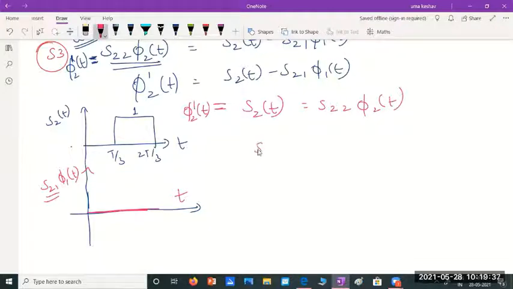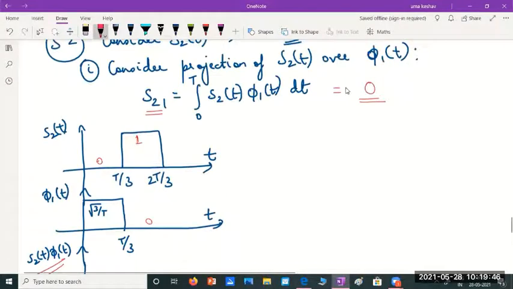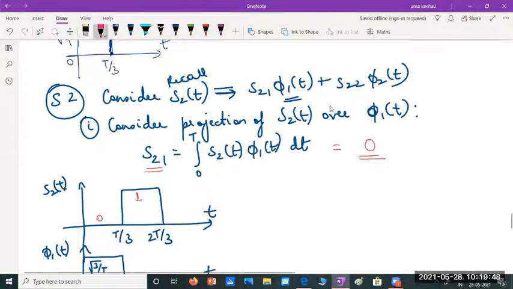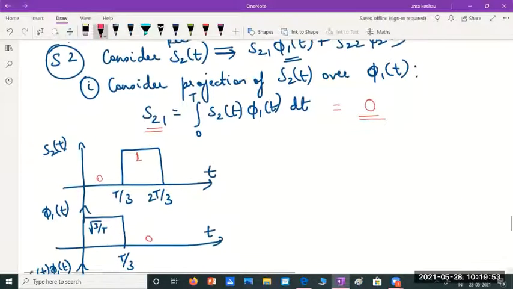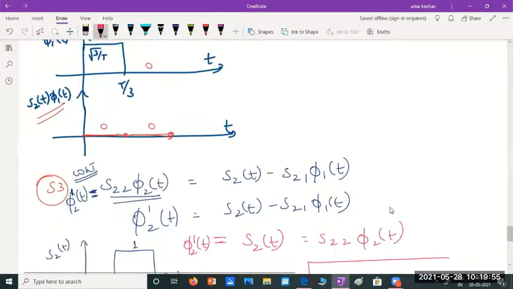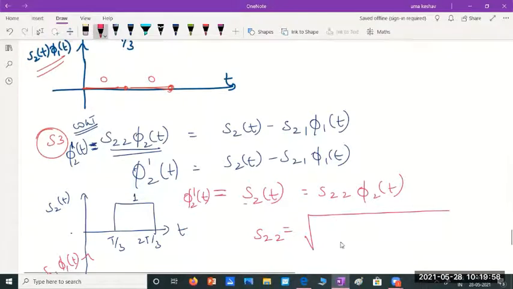So how do I find S22? Do you remember the definition for S22? Even if you don't remember, directly from this equation you can write it: S2 of t minus S21 phi1 of t. We are finding the energy of this signal.